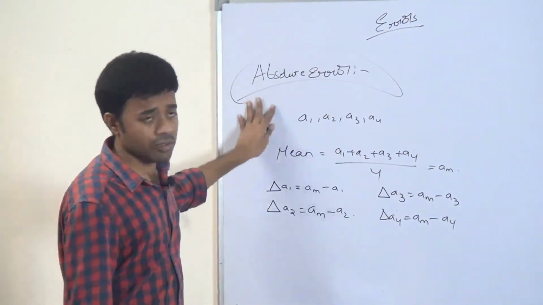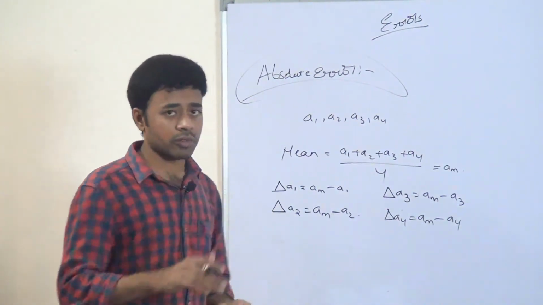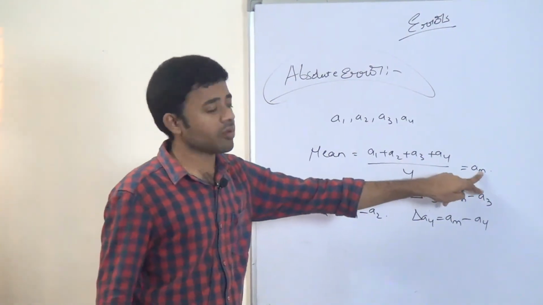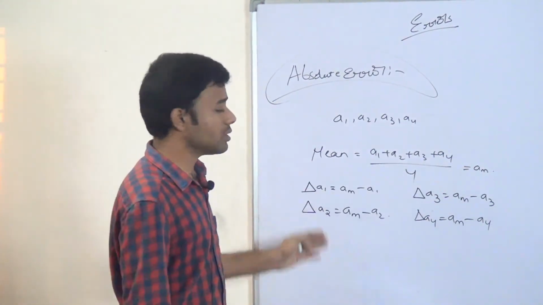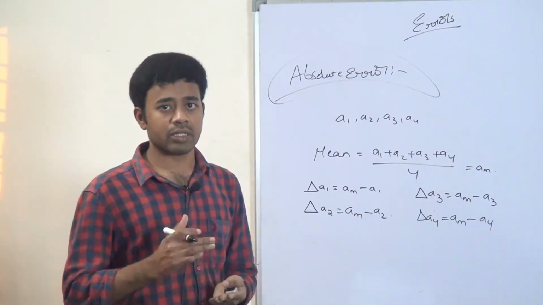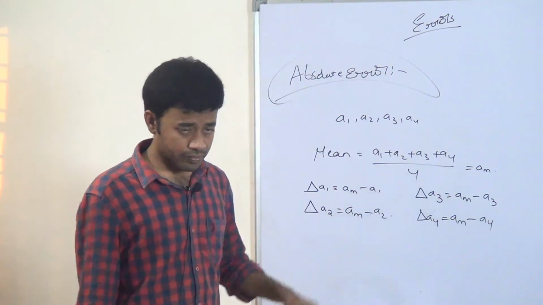Okay, so these are absolute errors. What we have done here is first find the mean of the values we have. After having the mean, we find the absolute error, which is the difference between the mean value and the exact value.